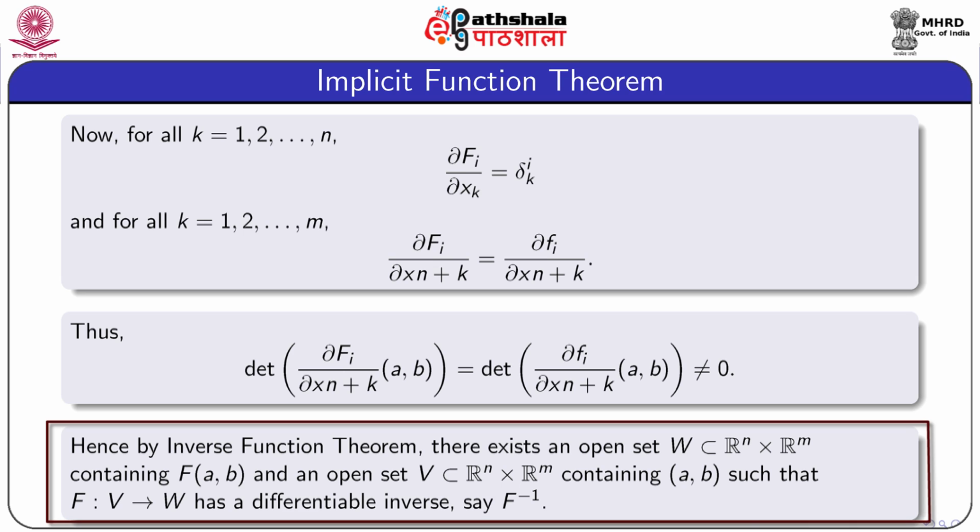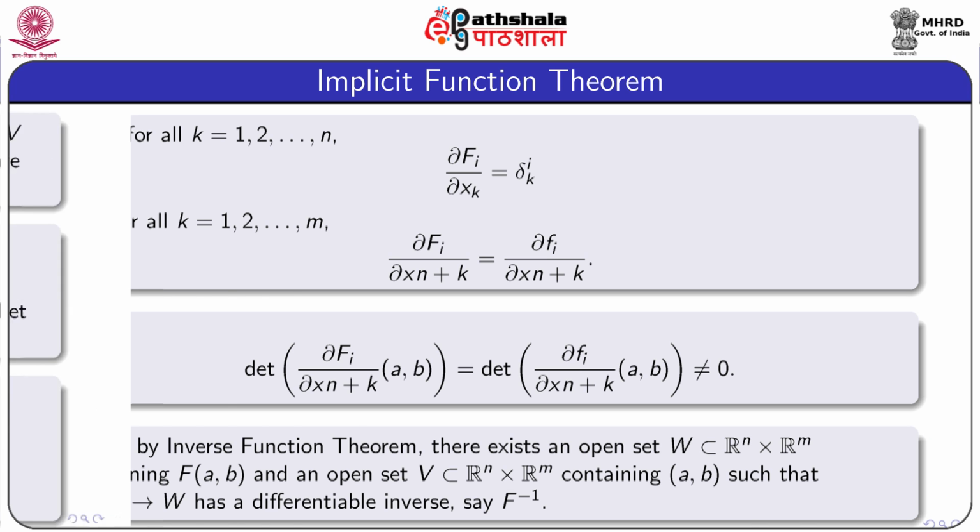Hence, by the inverse function theorem, there exists an open set W subset of Rn cross Rm containing capital F of (A, B) and an open set V subset of Rn cross Rm containing the point (A, B), such that F from V to W has a differentiable inverse, say capital F inverse.